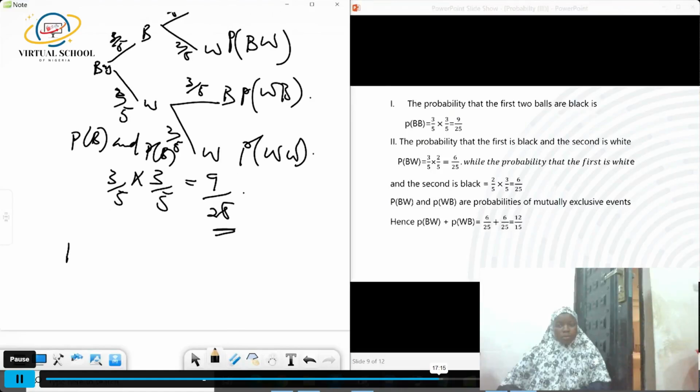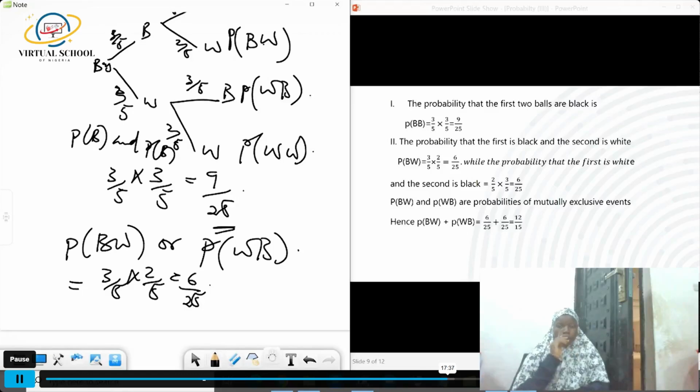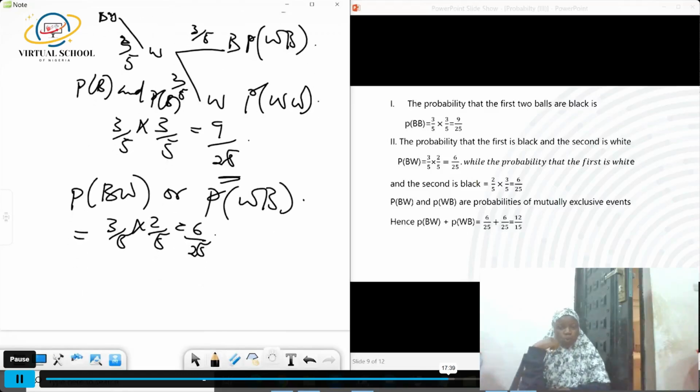Now, we first look for the probability of picking black-white or probability of picking white-black. Now, from here, we say what? Probability of picking black-white will give us 3/5 times what? 2/5, which should give me 6/25.